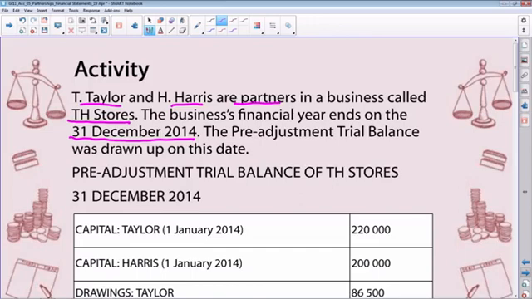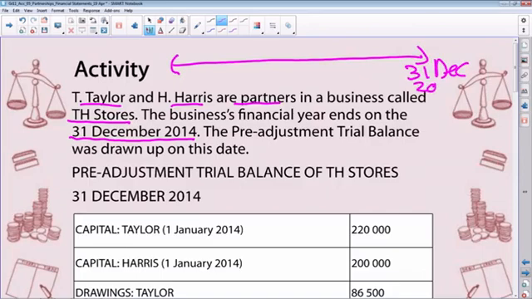Okay, so immediately, guys, I think you already know how I work and what I enjoy drawing up. Correct, it's a timeline. So let's just quickly look at that timeline. Financial year ends on the 31st of December 2014, which means the financial year started on the 1st of January 2014. So your timeline is more or less your calendar year end.